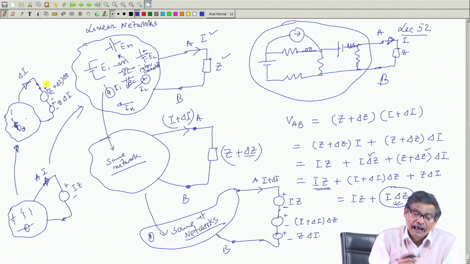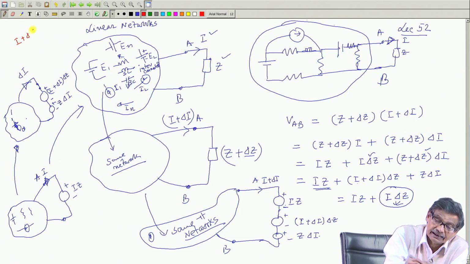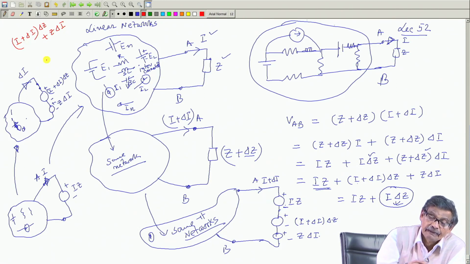Clear. Now, this quantity (I plus delta I) into delta Z, plus Z delta I, is the whole voltage drop here.